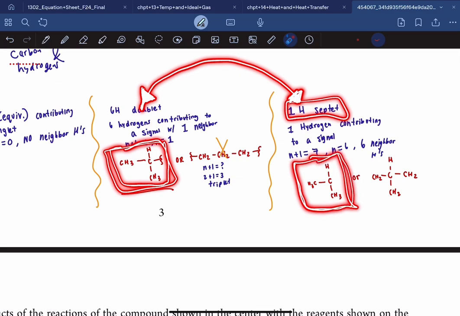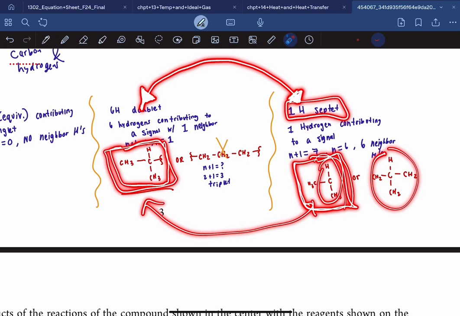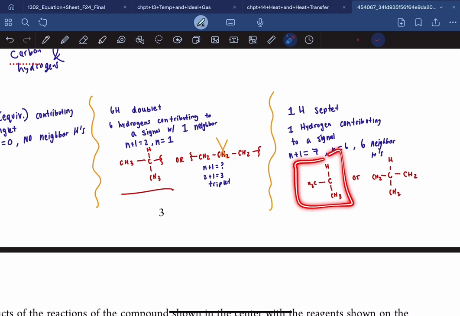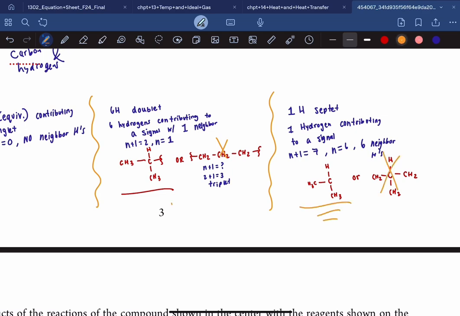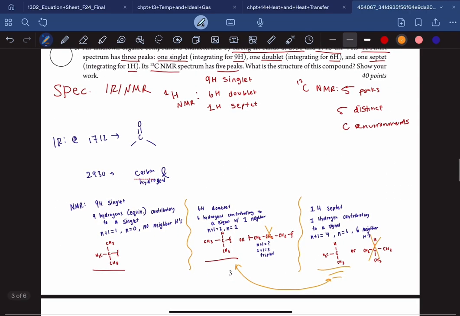It could look like this or this, but odds are it's going to look like this, because this and this confirm each other. They're the same. That's why you want to go with this pattern. Also, if you do it the other way, there'll be issues with the carbon NMR, but you don't want to go that far and restart. So it's safe to assume that this is the structure, because this and this reinforce each other.